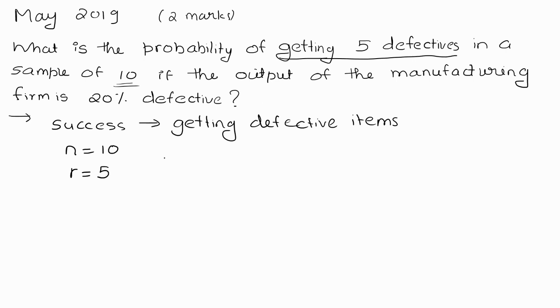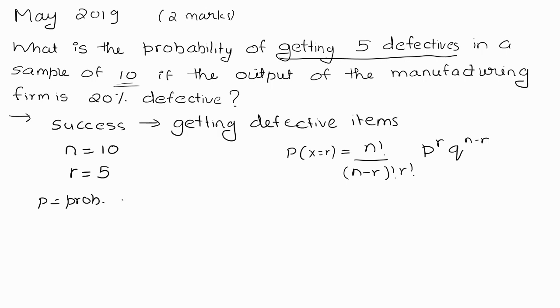Now, for binomial distribution, we have this formula: P of x equals r is n factorial upon (n minus r) factorial r factorial, p raised to r, q raised to n minus r, where p is the probability of success. Once p has been found, q we will also find.